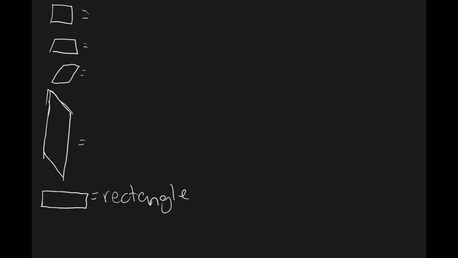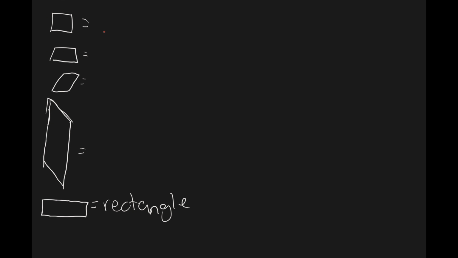Next, we have all this stuff. To start off, we have this thing. Just a basic name, remember: square. Trapezoid. Rhombus.